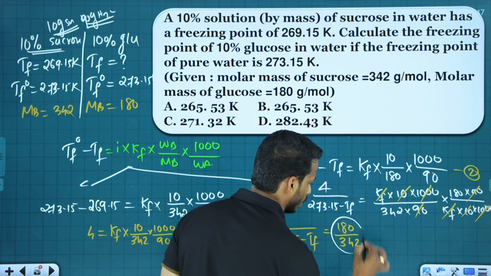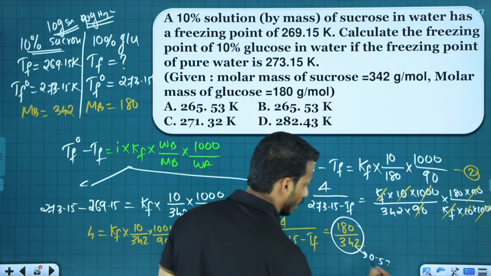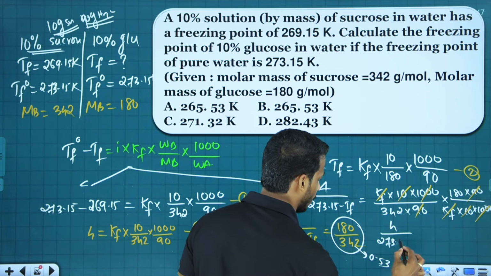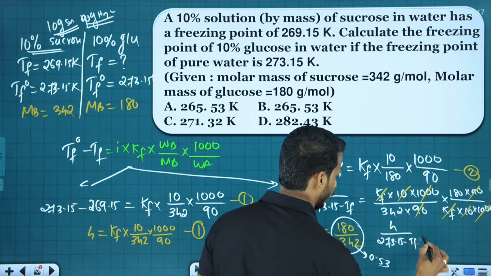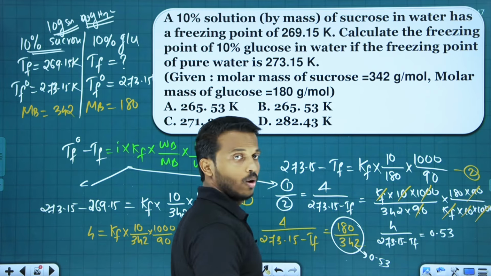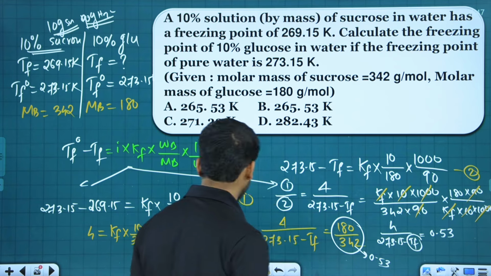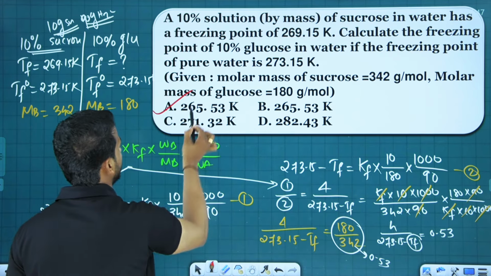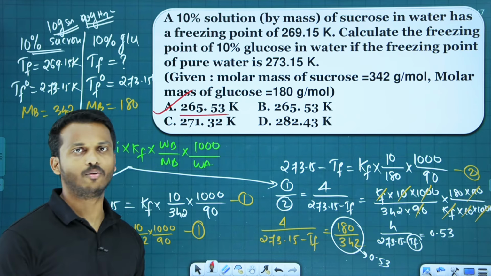So 4 divided by 273.15 minus TF equals 0.53. Take the values, calculate TF and simplify. I hope you will get the answer around 265.53 Kelvin.